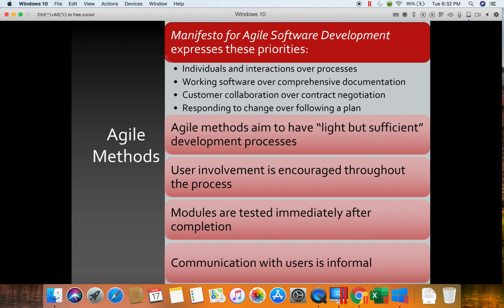So these Agile methods typically have less planning and more quickly get into that development and changing phase. The modules are tested immediately, and sometimes the system-wide testing or integration testing falls by the wayside, and then we have issues with trying to have these systems work together.